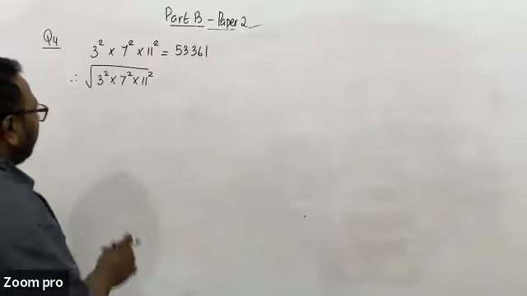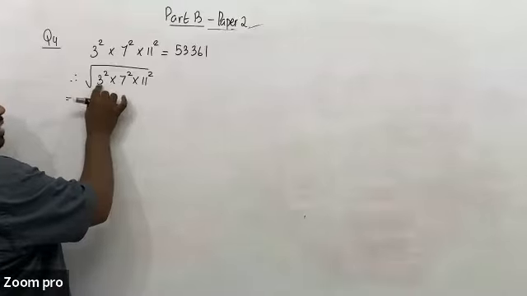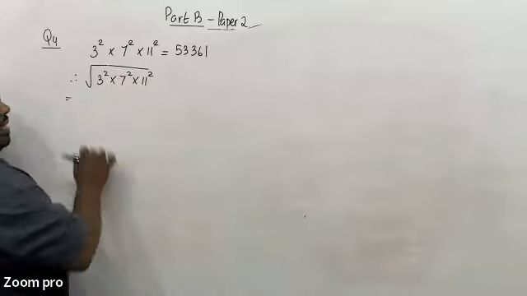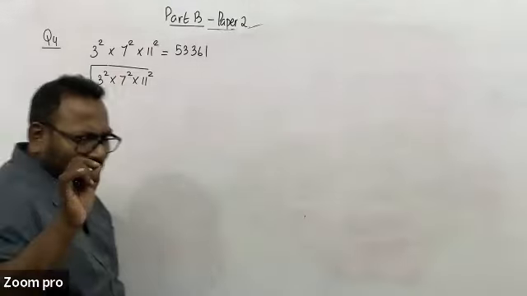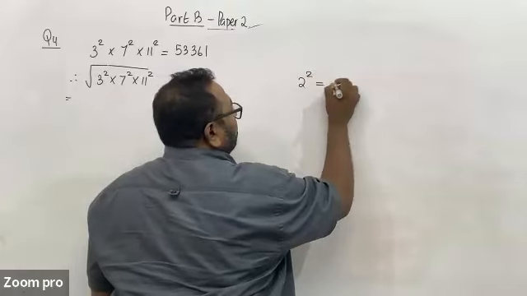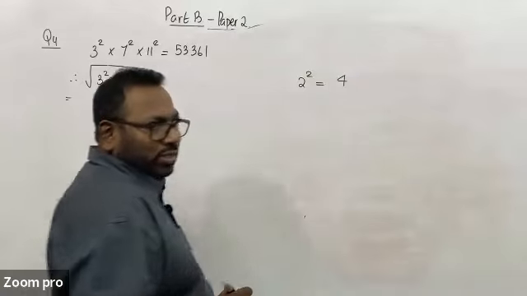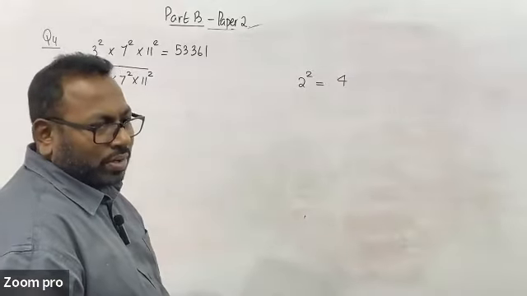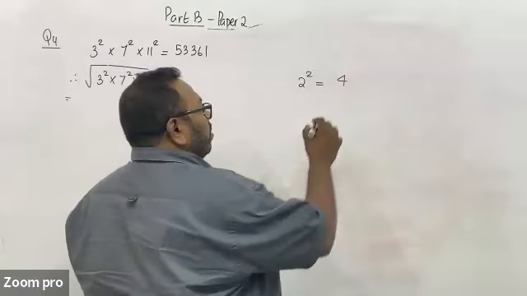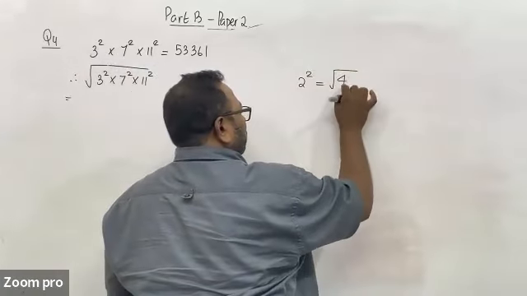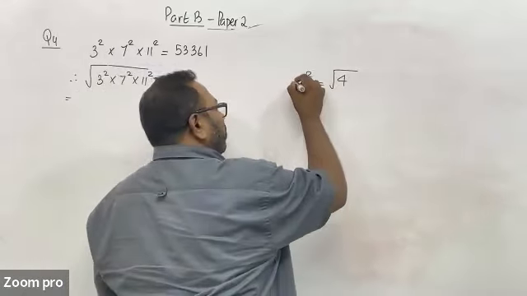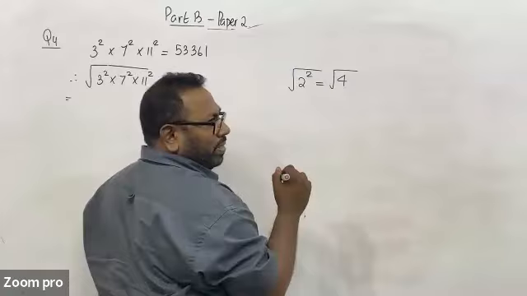Okay. Now 3 squared and the square root will get cancelled out. I'll tell you why. Just look at this. 2 squared is equal to 4, isn't it? Now, if I square root this side, and I square root this side also, what happens?